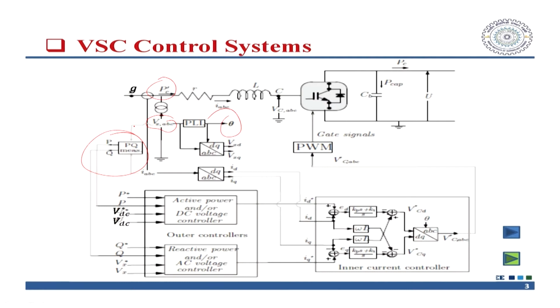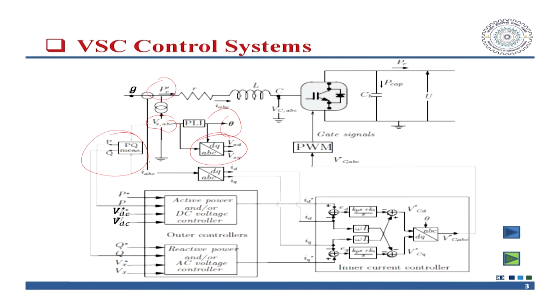Then tuning of the PI controller and other issues become easier. For this reason, as we have told several times, this is the SRF method to convert from the ABC to the DQ frame of reference.